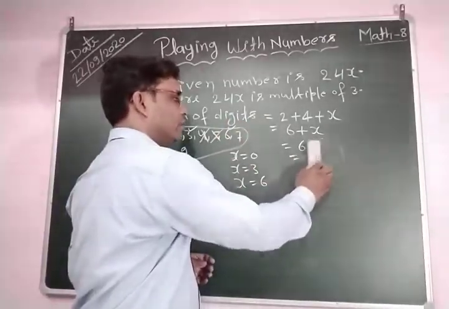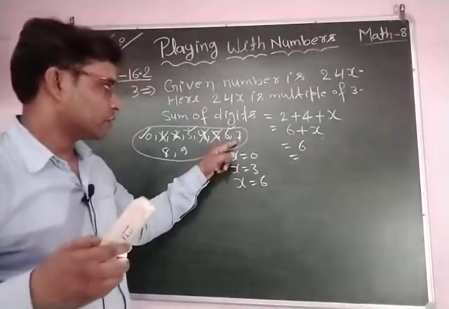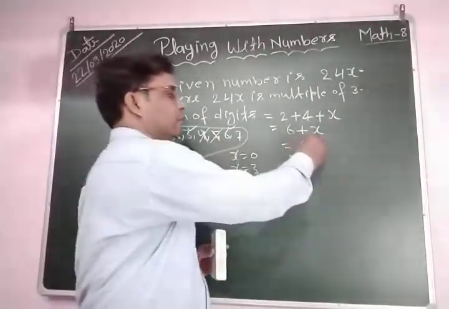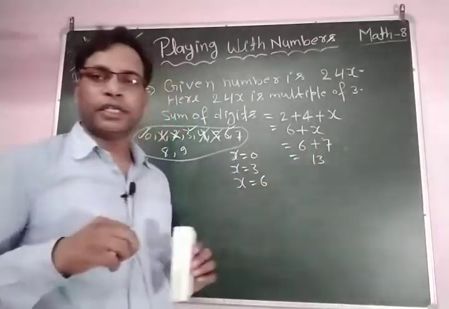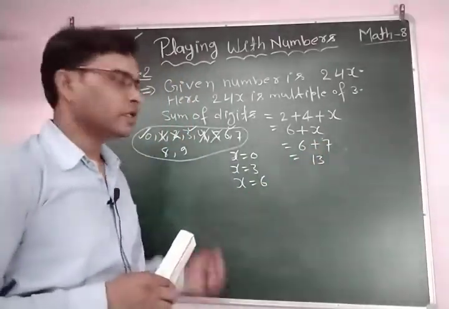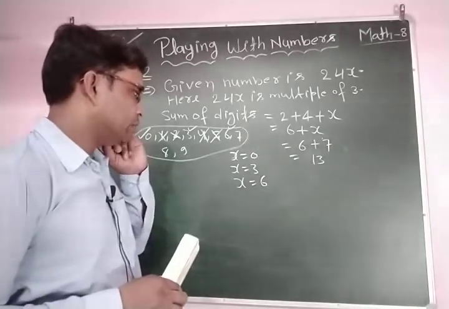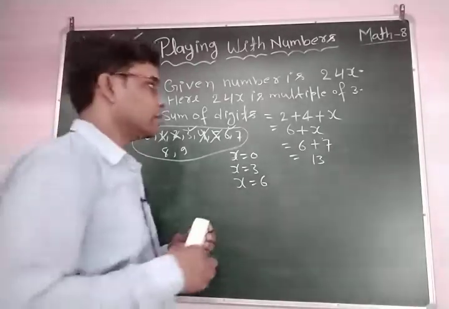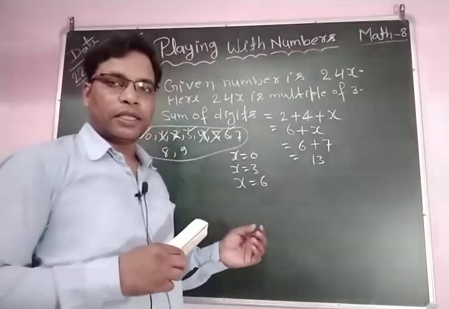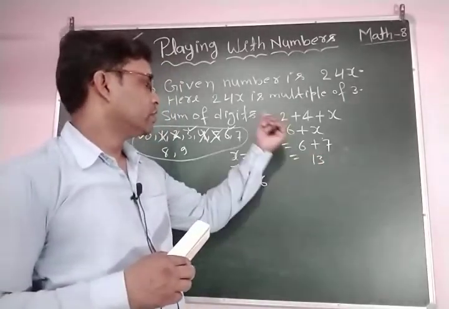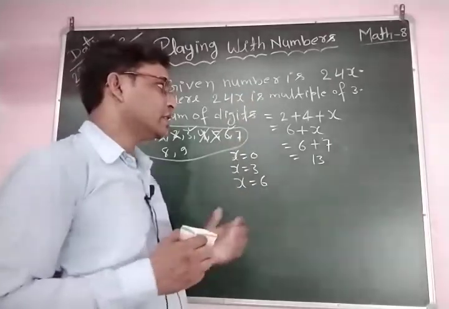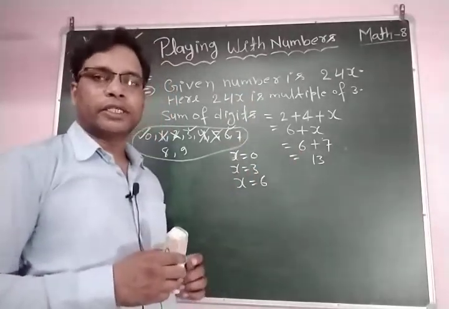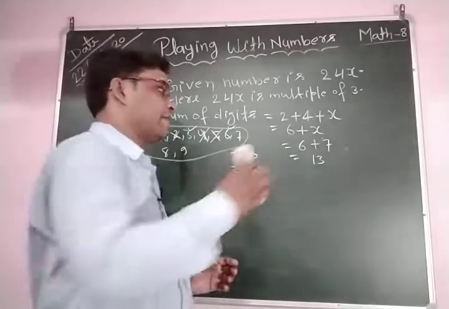Again we take x is equal to 7. If we take x is equal to 7, so here 6 plus 7 is 13, and 13 is not divisible by 3. So the value of x equal to 7, we reject it. Because if you put x is equal to 7 in this number, then this number is not a multiple of 3, because the sum of the digits of the number at x equal to 7 is not divisible by 3.